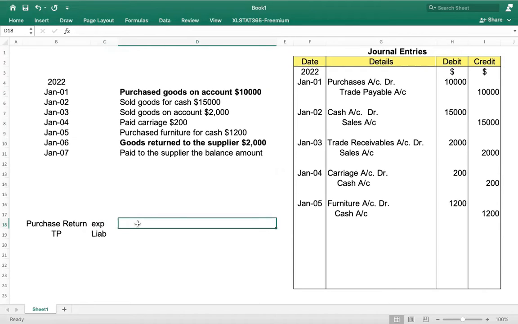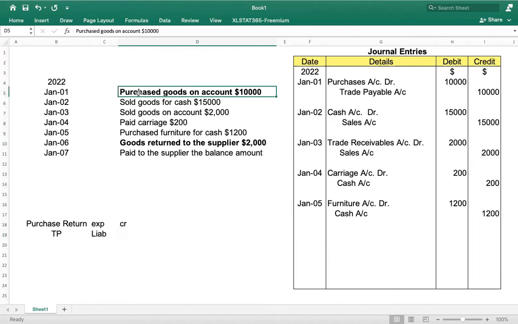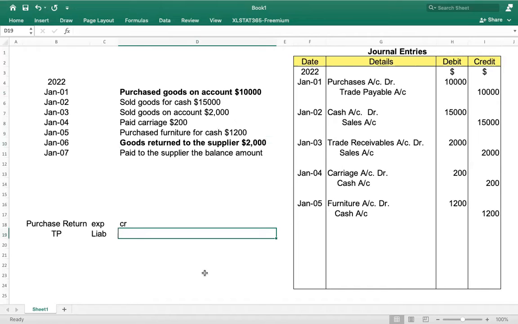Decrease in expense is credit. And what is happening to the liability? Decreasing. Because when I bought, I owed 10,000. Now I returned, so now I owe only 8,000. So liability decreased by $2,000. Decrease in liability is debit, right?